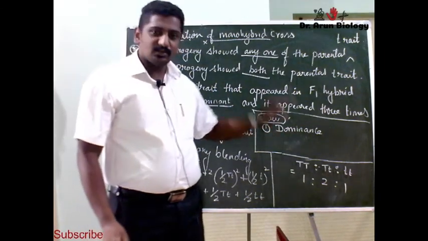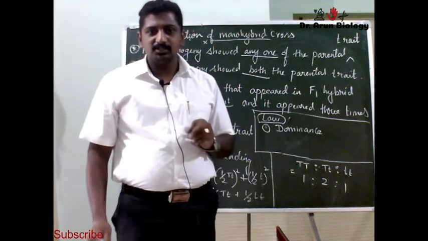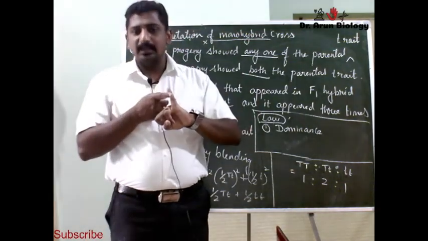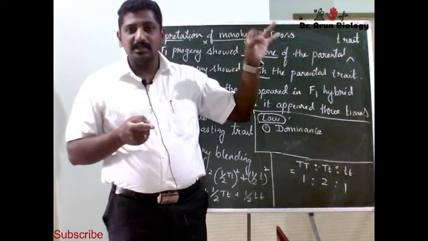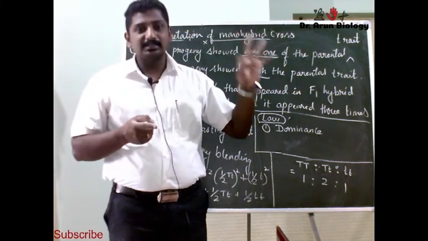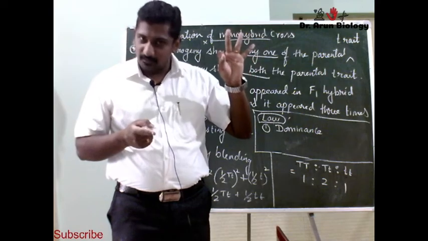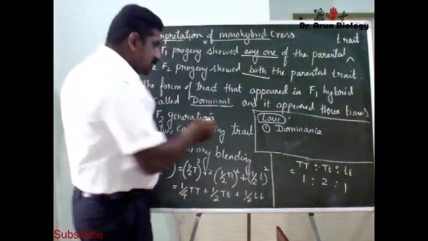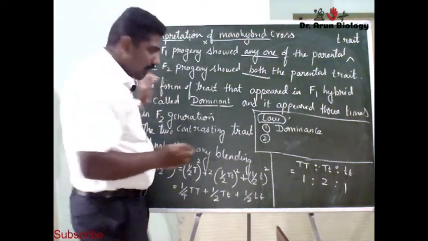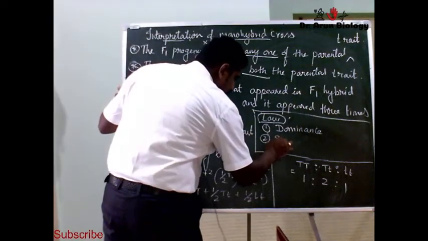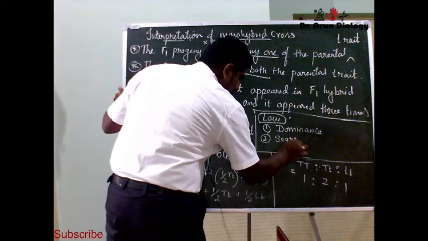So again, I'll tell the three statements. Characters are controlled by a discrete unit called factors. These factors always occur in pair. In a dissimilar pair, one factor dominates the other. What does the second law state? It is called the law of purity of gametes, or the law of segregation.